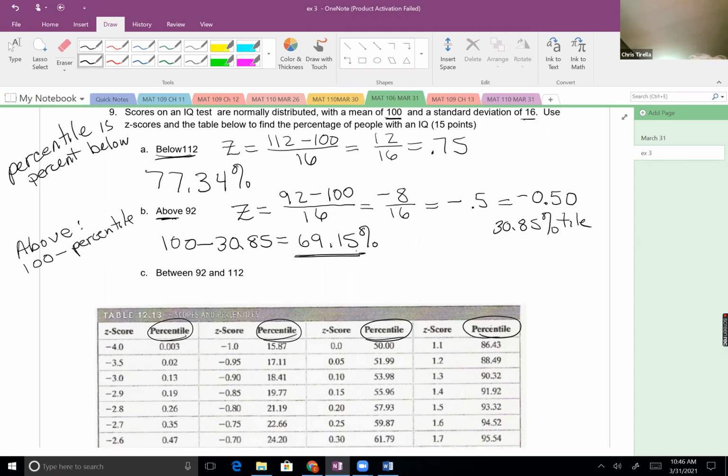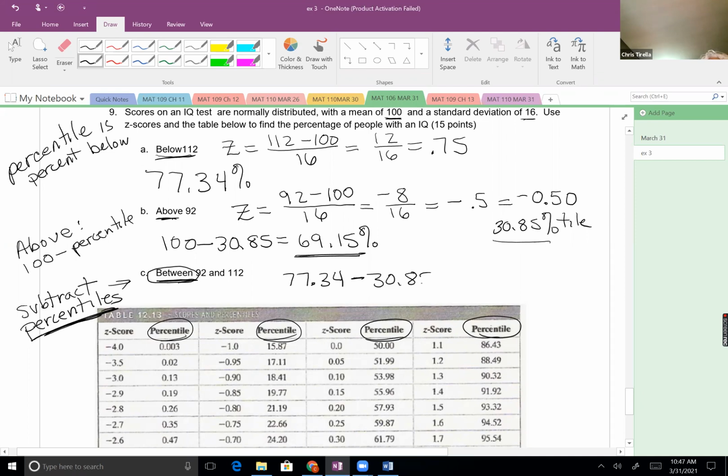And then the last thing you need to remember is if I'm looking for the percent between two values, I subtract the percentiles. The percentile for 110 was 77.34, minus the percentile for 92, which was 30.85.